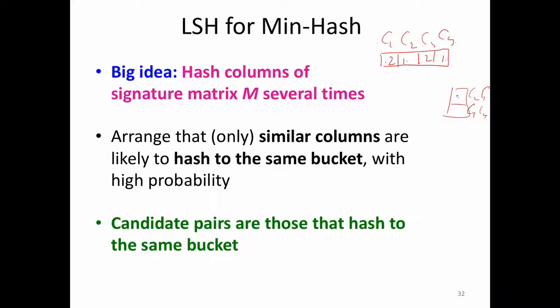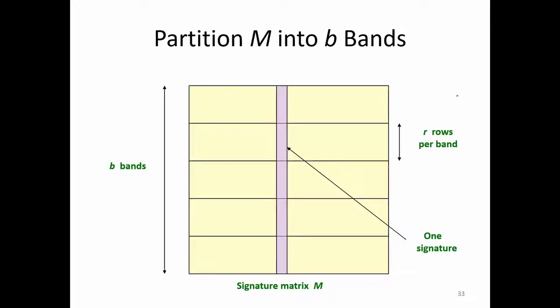But it is true that the probability that they fall into the same bucket is their similarity. Okay, so how do you solve this?